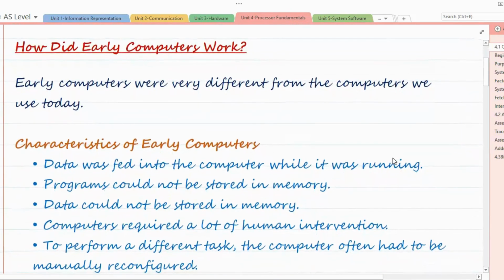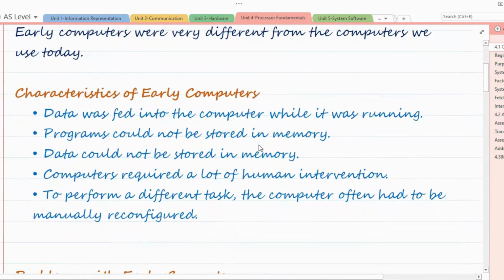First of all, let's understand how early computers worked. Early computers were very different from the computers we use today. They were very big machines which produced a lot of heat, and data was fed in while they were running. Programs couldn't be stored in the computer memory.